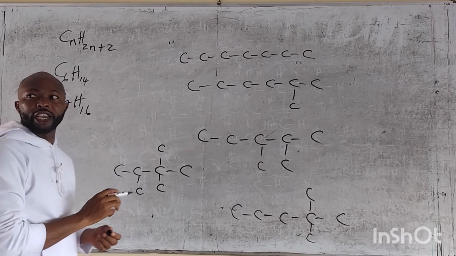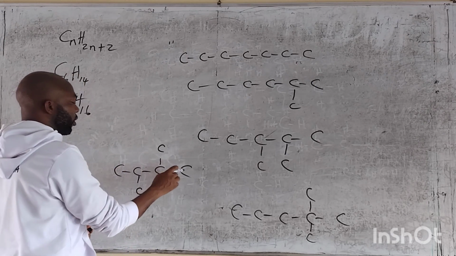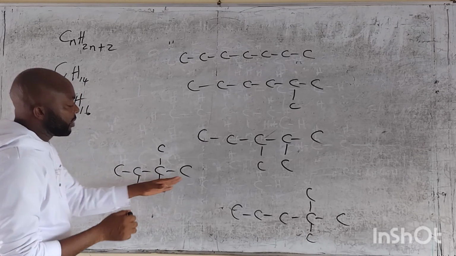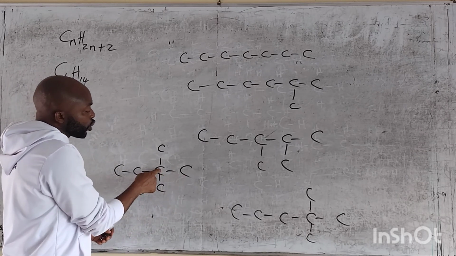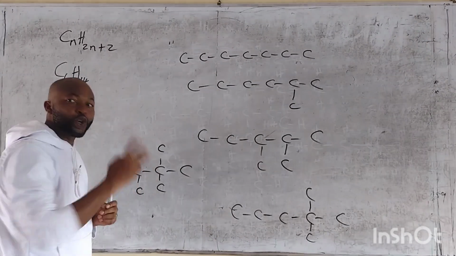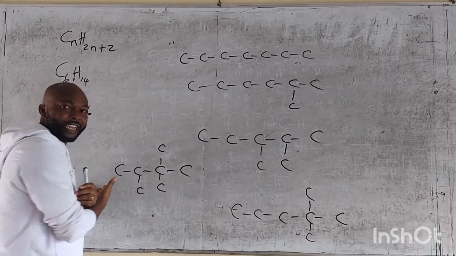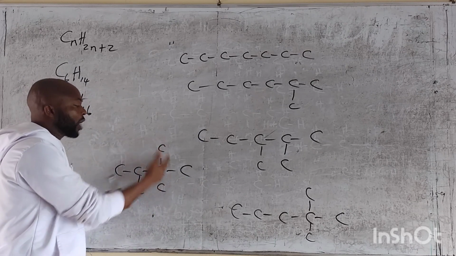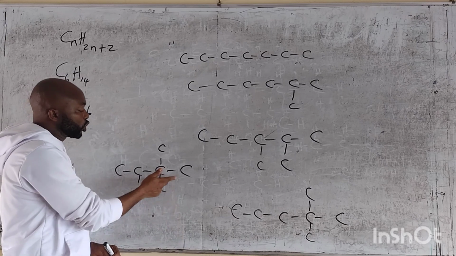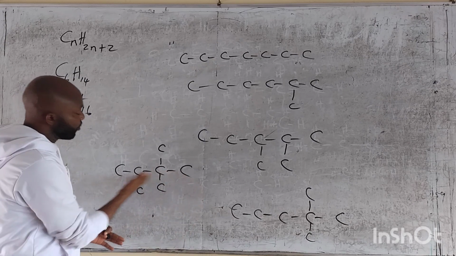My parent chain is 1, 2, 3, 4. So I can name this 2,2,3-trimethylbutane, because on carbon 2 I have 2, and on carbon 3 I have 1.